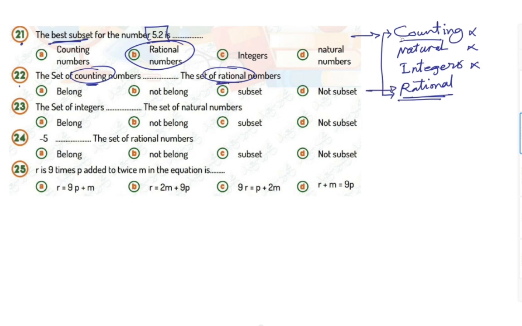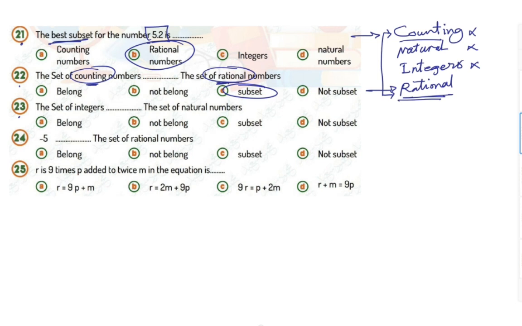Is counting numbers part of rational numbers? Of course, yes. Natural numbers are part of rational numbers. Integers are part of rational numbers. So counting numbers are part of rational numbers, and because counting is the smallest one and rational is the greatest one, counting numbers are a subset of rational numbers.